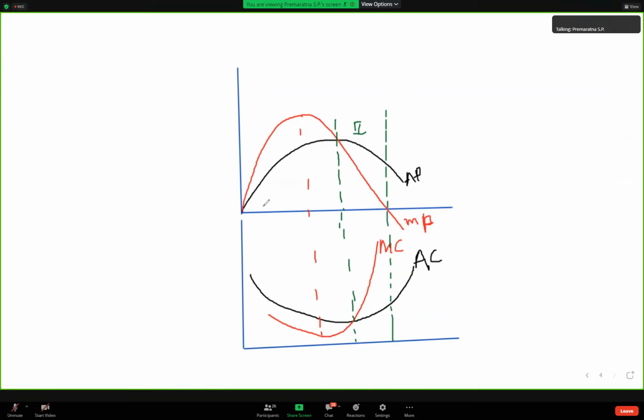If you look at this, the marginal product increases, here the average cost is decreasing. The marginal product decreases, the average cost is increasing. The same thing, the marginal product increases, marginal cost decreases.